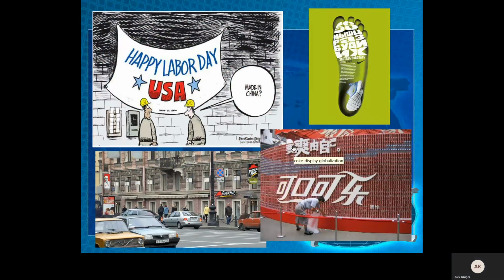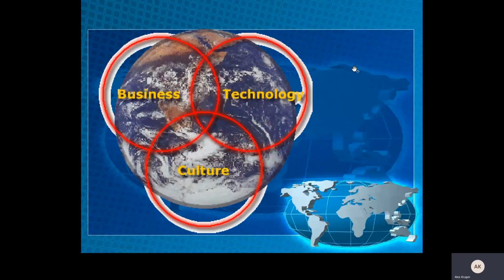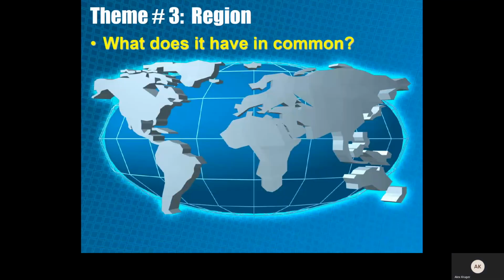That looks like Asian script, so it's probably in Asia somewhere. And I don't know, maybe Russia or something. I'm not sure what that is. It's a Nike symbol or a Nike ad, but I don't even know where I pulled that from, to be honest. This is just another example of how everything's connected. Business is connected to technology, which connects us to culture. It's all intertwined.